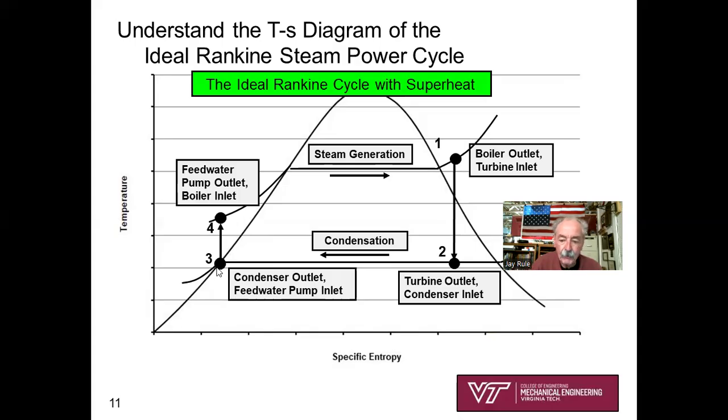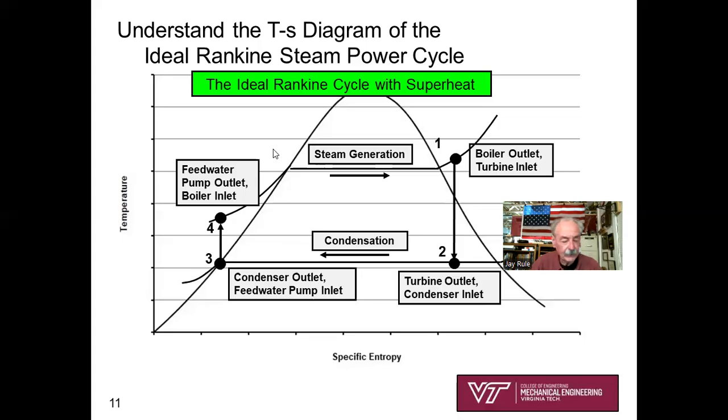3 to 4, we've got a reversible adiabatic pump. Notice here, just by observation, in the Rankine cycle, state 4 is going to be a compressed liquid. There's no getting around this. It's compressed liquid coming in at state 4, coming into the boiler, the steam generator, constant pressure process, 4 to 1.